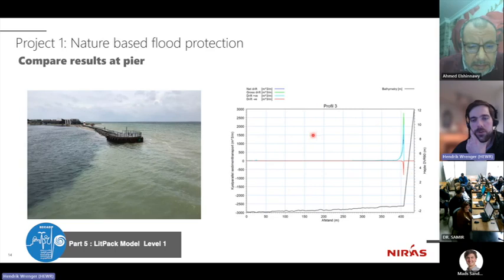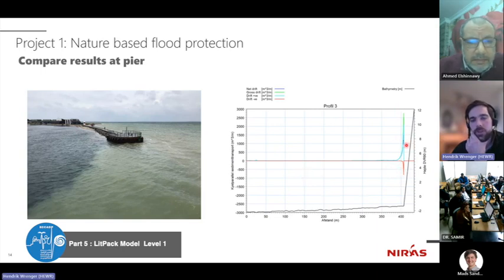So for this third profile, where we have the pier, this hard structure here, where the water depth goes from about -2 meters steeply up, we have a very large transport and almost no transport along the other profile.